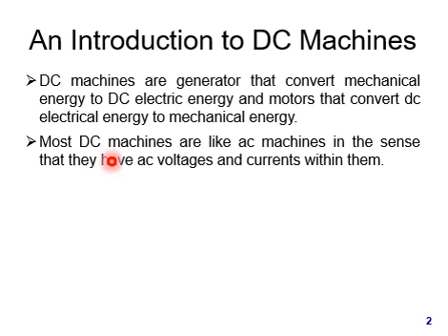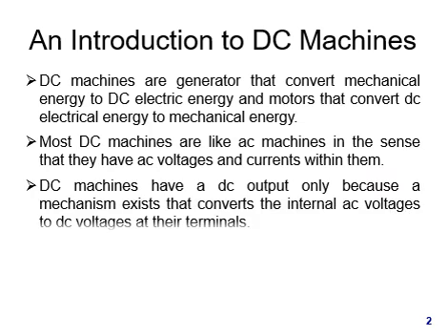Most DC machines are like AC machines in the sense that they have AC voltages and currents within them. DC machines have a DC output only because a mechanism exists that converts the internal AC voltages to DC voltages at their terminals. So it means that the internal mechanism of AC machines and DC machines are quite similar.